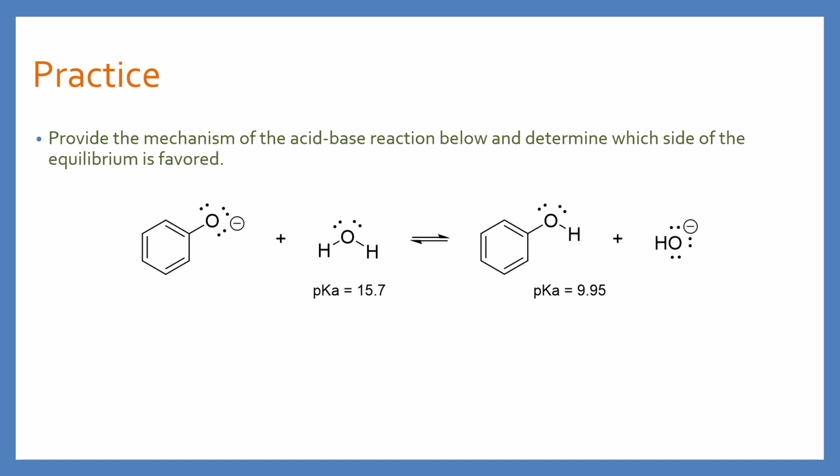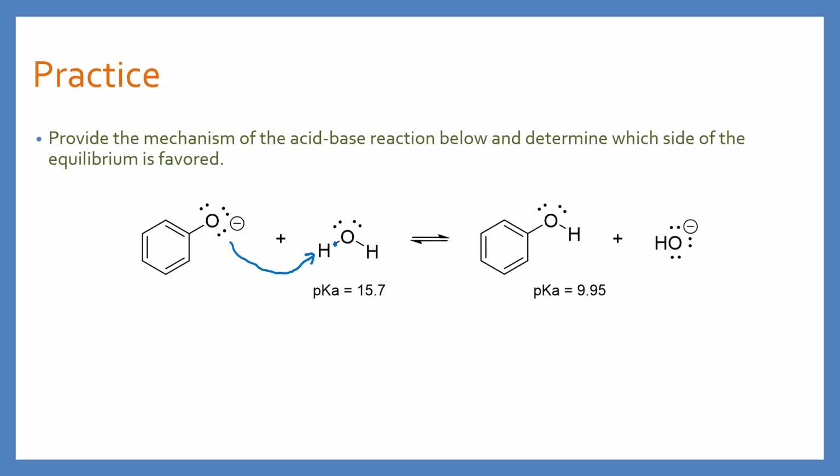So we have phenoxide here, and we have water. So phenoxide has this nice negative charge on it. That's a big hint to us that phenoxide is going to act as our base. So phenoxide is going to be able to pick up this proton. So I'm drawing an arrow from this lone pair, showing that I'm going to make a bond between the oxygen and the hydrogen from water.